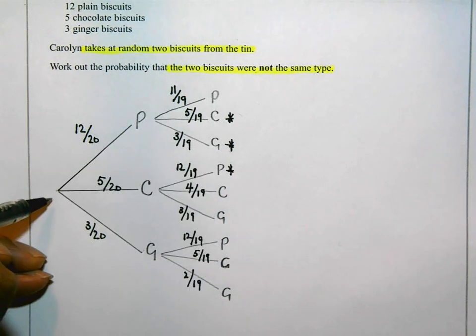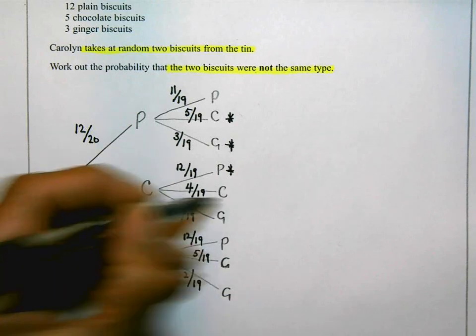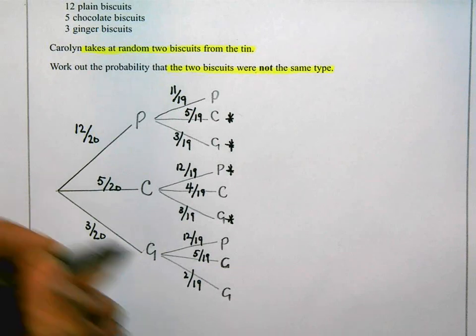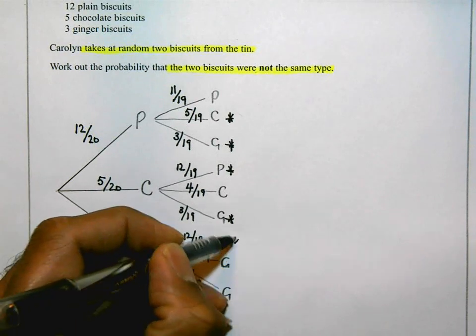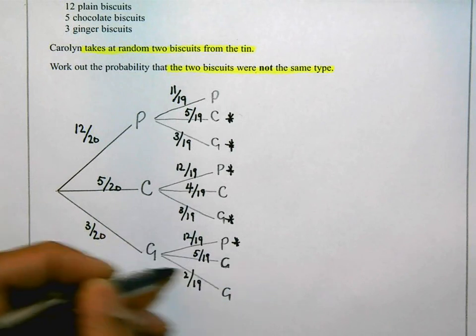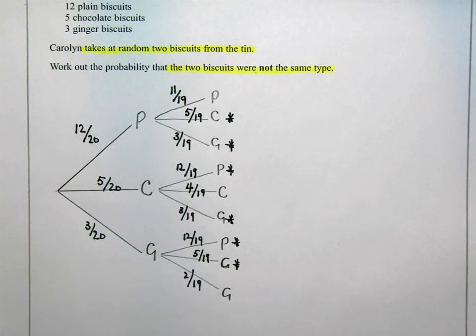Chocolate and chocolate, nope, they're the same type. Chocolate and ginger, those 2 are different. Ginger and plain, ginger and chocolate, those 2 are different. And ginger and ginger. Okay, so I'm not interested in that one because they're the same.